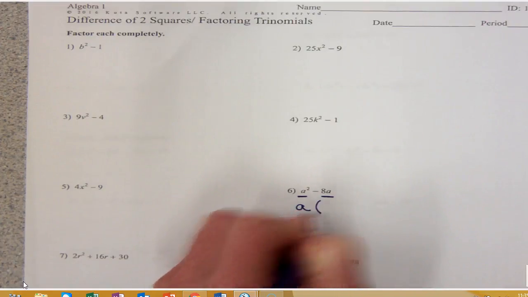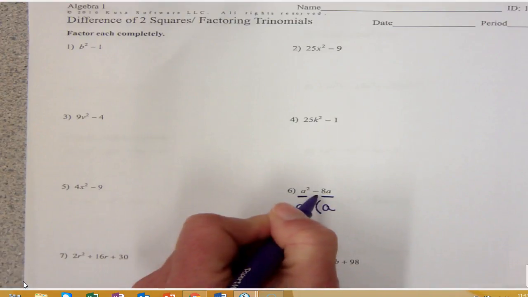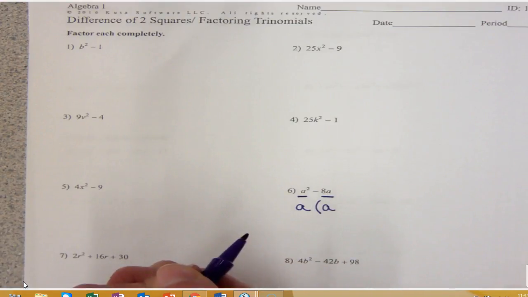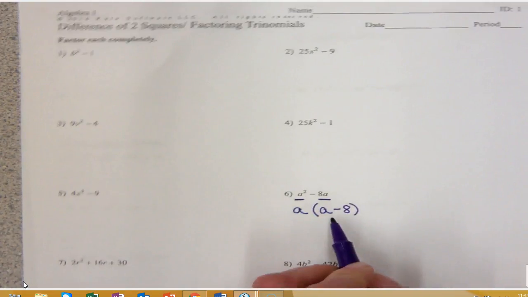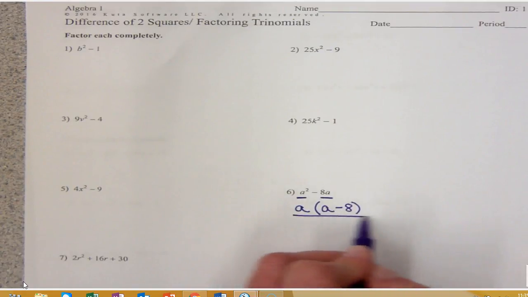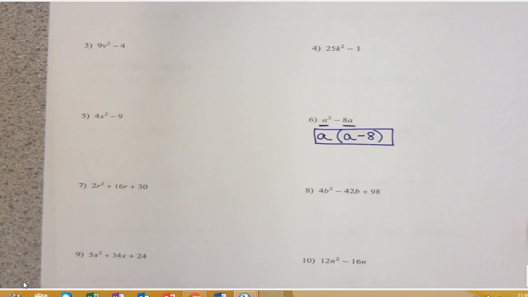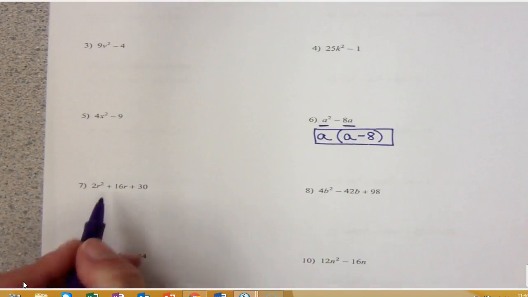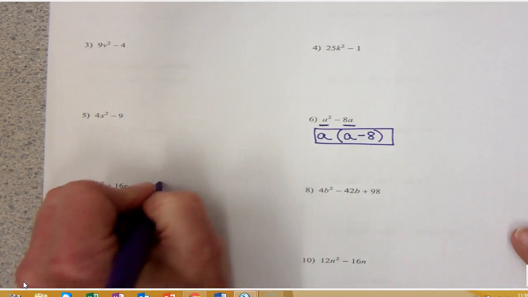An a. When I factor out an a from a squared, I get a. When I factor out an a from negative 8a, I get negative 8. I cannot factor these any smaller. That's as small as I can go. So that's the answer.